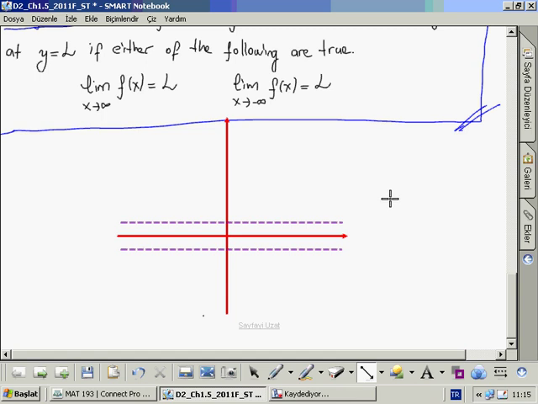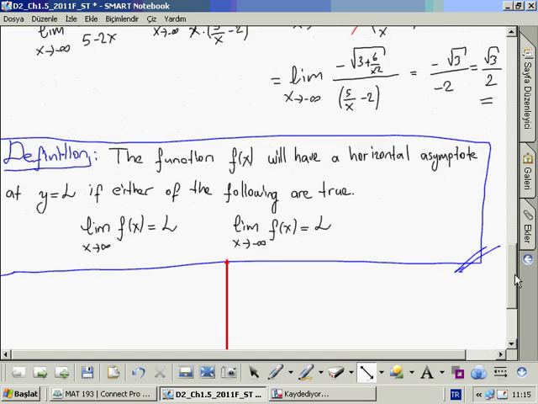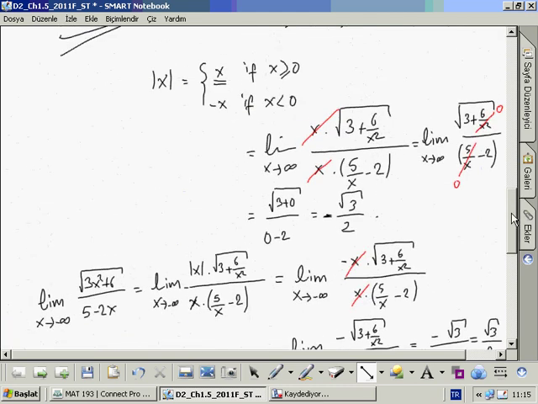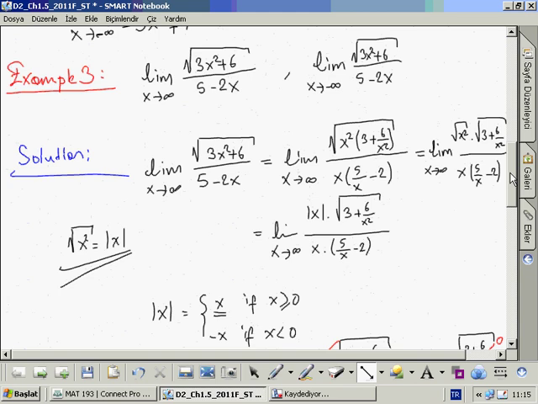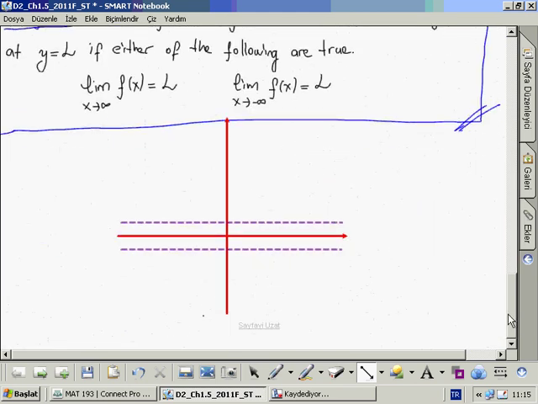These are the horizontal asymptotes, and we had the vertical asymptote x equals to this point.